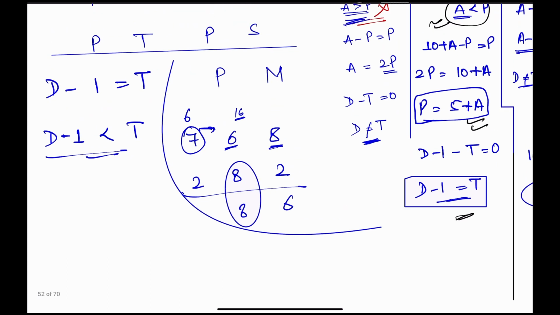When this is possible, 9 minus 1 is 8, but just take some example. 9 minus 1 is equal to 8, but 9 minus 1 is not equal to 8.